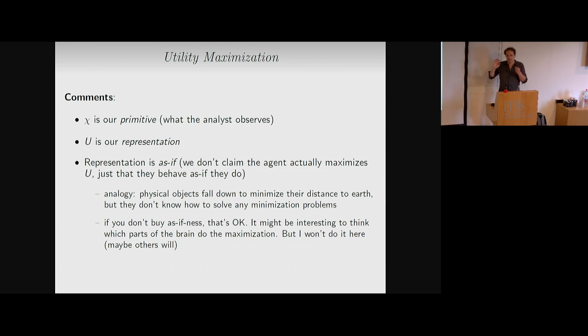Now, this is a summer school in cognition, so maybe this is not a very good philosophical viewpoint, and maybe other speakers will talk about which parts of the brain maximize. But from the point of view of theory, it doesn't really matter. The standard view in theory is that we shouldn't worry about this. If the theory matches the data, we don't have to think very deeply about how it happens that people maximize. They just behave as if they do.